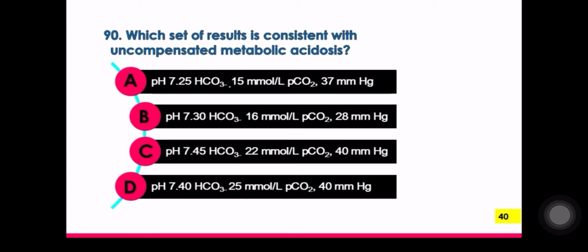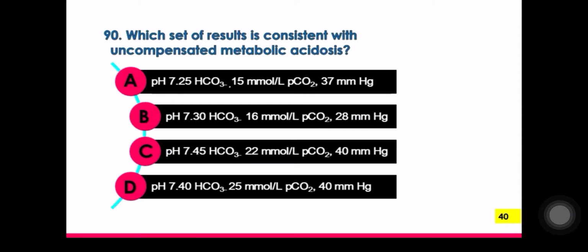Is it letter B, pH of 7.30, bicarbonate of 16, and PCO2 of 28? Letter C naman po, is it pH of 7.45, PCO2 of 22, or 40 mmHg po, yung PCO2 po. And we have letter D, pH naman po of 7.40, bicarbonate of 25, and PCO2 of 40 po.